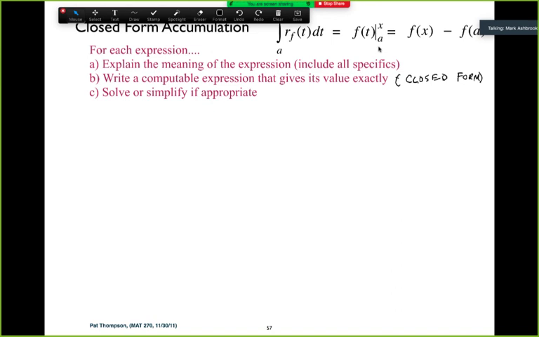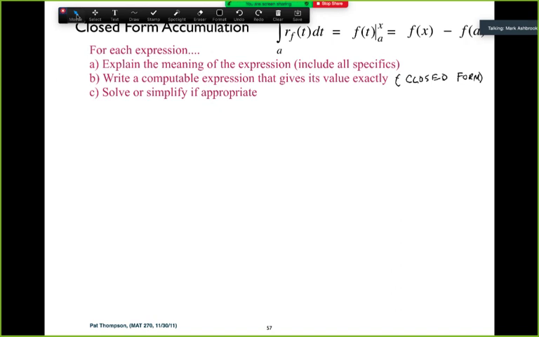Then you put a vertical bar, a to x, which means we're going to plug in x, plug in a, and subtract. Instead of trying to do two things at once, let's focus on the antiderivative and write that down, and then use this notation to mean that in the next step, we're going to plug in x, plug in a, and subtract.